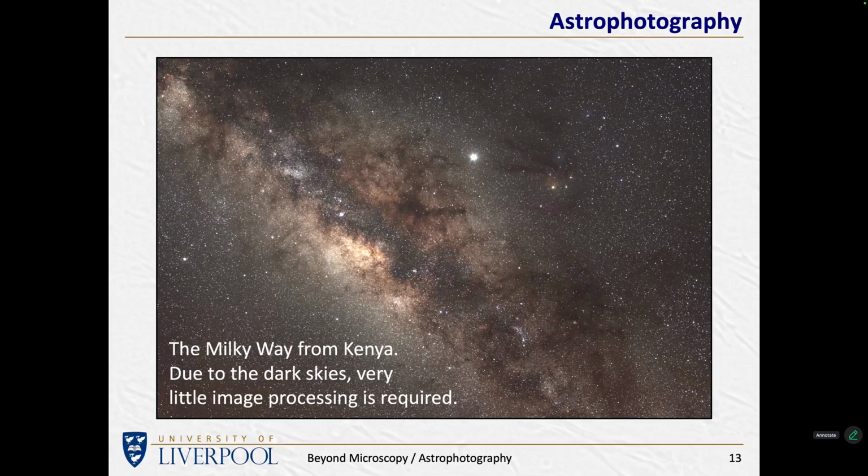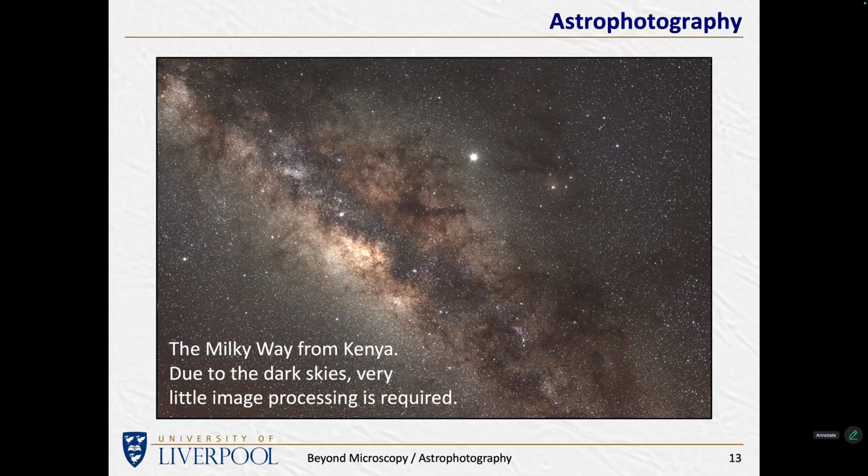This is the sort of image you've seen before, especially for me. If we're looking at not atoms on surfaces, but large scale, for instance, looking out into the universe, it might be that the images we take really don't need much processing. So here, under the very dark skies of Africa, is an image of the Milky Way I took a few years ago.